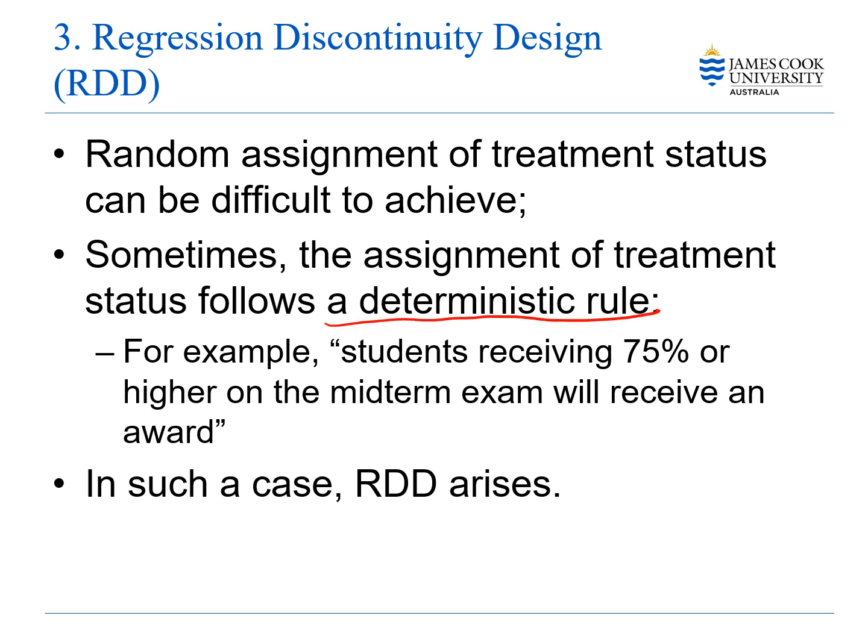For example, say we want to evaluate a program of giving students laptops, whether this increases their academic performance or not. Then the treatment assignment rule says that students receiving 75% or higher scores in the midterm exams will receive a laptop as an award.